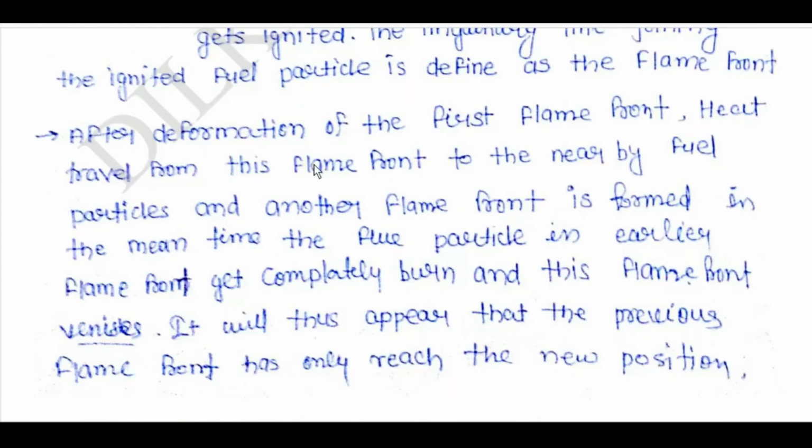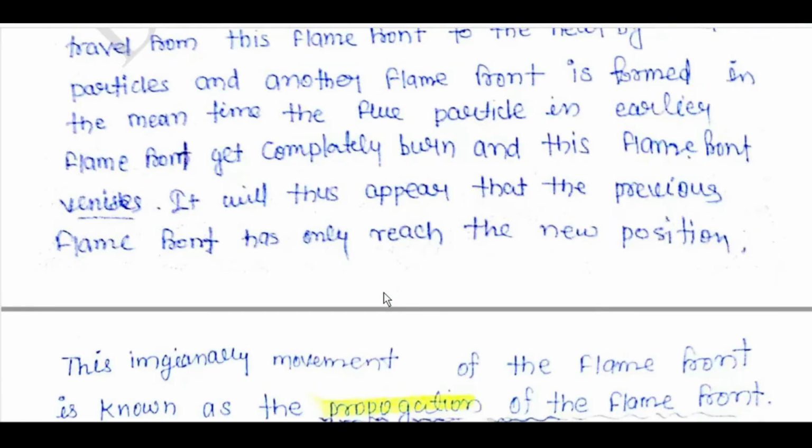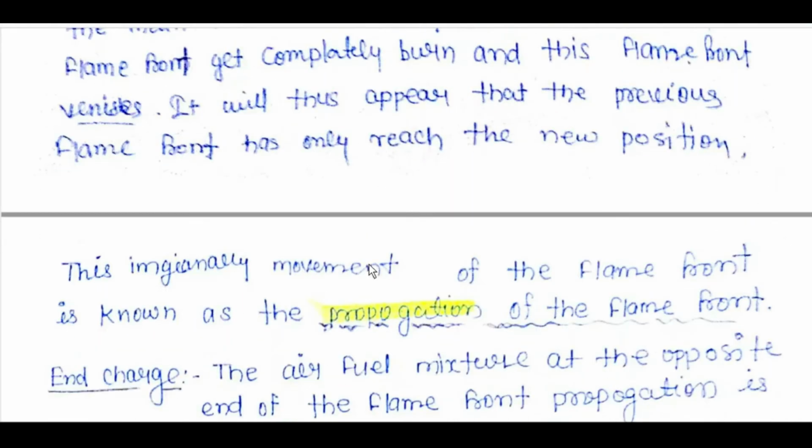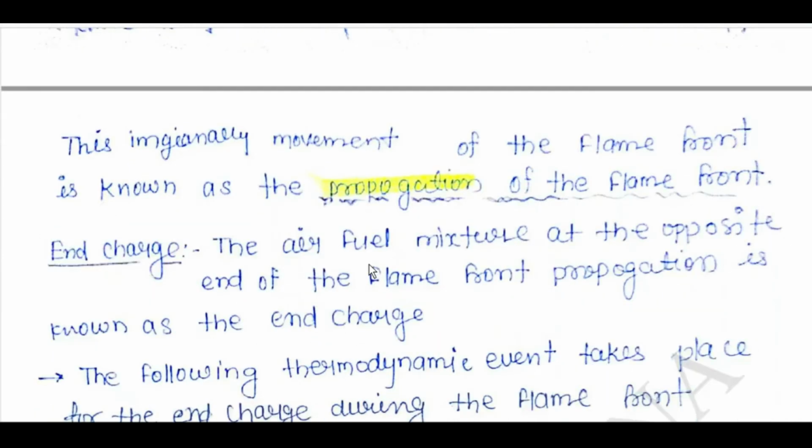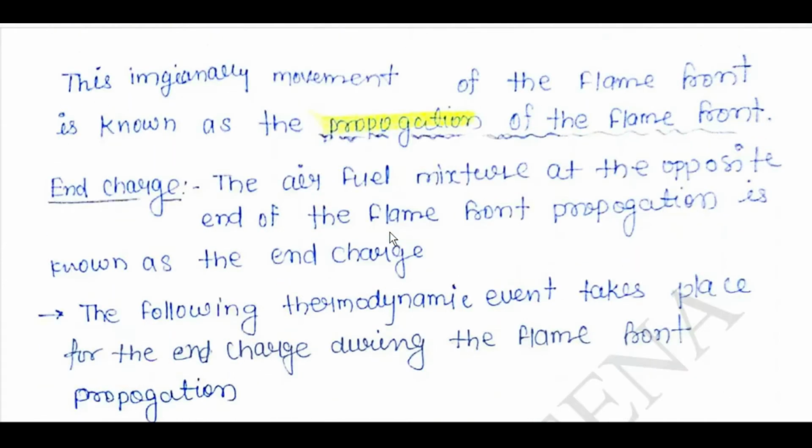After formation of the first flame front, the heat travels from the flame front to the nearby fuel particles, and another flame front is formed. In the meantime, the fuel particles in the earlier flame front get completely burnt, and this flame front vanishes. It will appear that the previous flame front has only reached the new position. The imaginary movement of the flame front is known as propagation of the flame front.